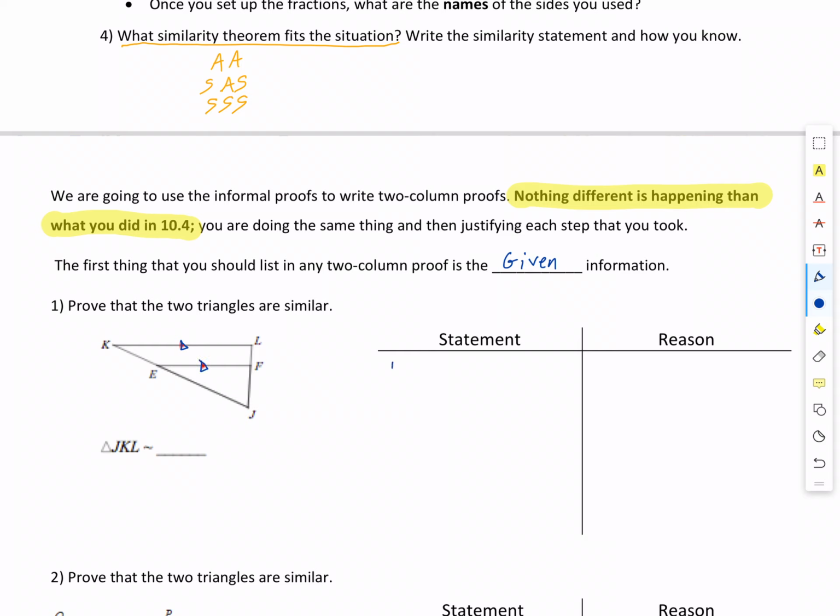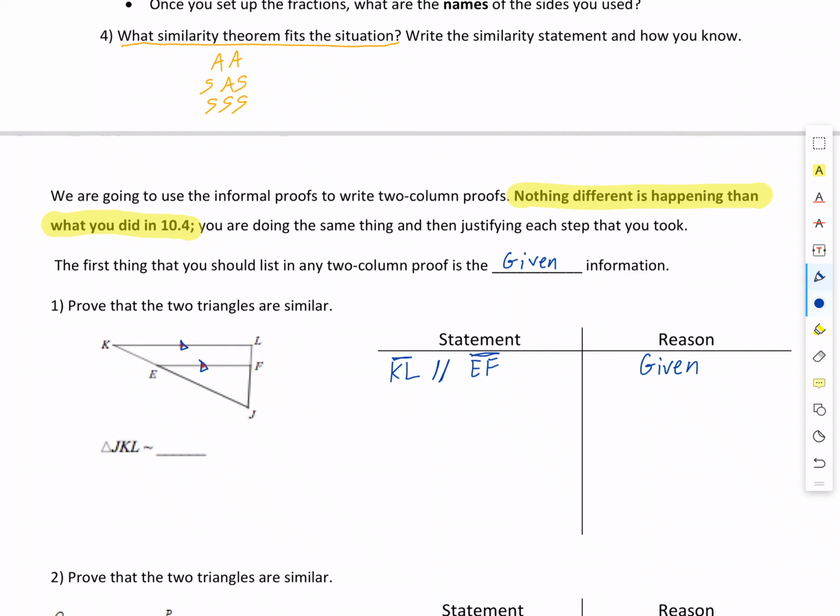So we can write KL is parallel to EF, and we know that because it's given. This is our 2-column proof. We put our statement of what we know or what we can prove, and then we name the reason why. So we know those two are parallel, so that could help us out.